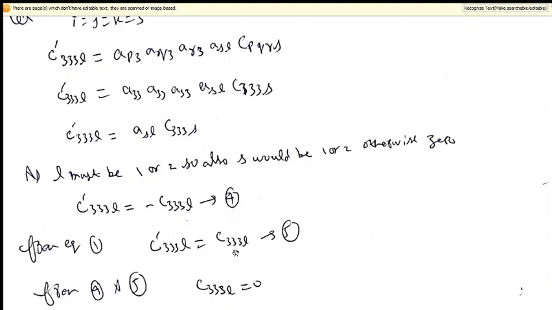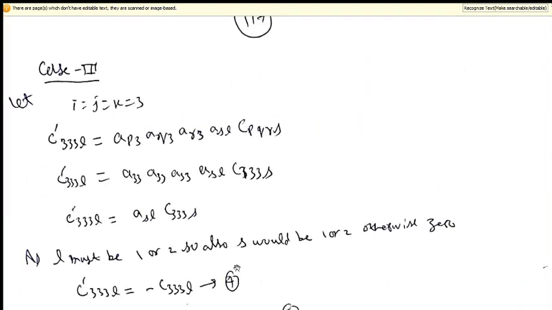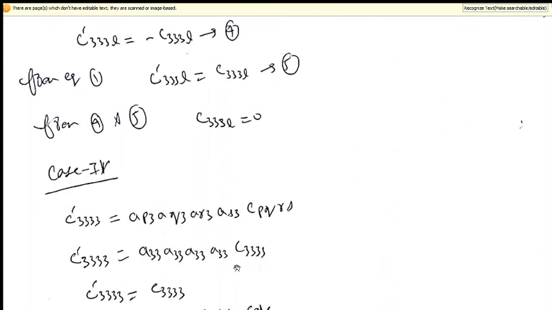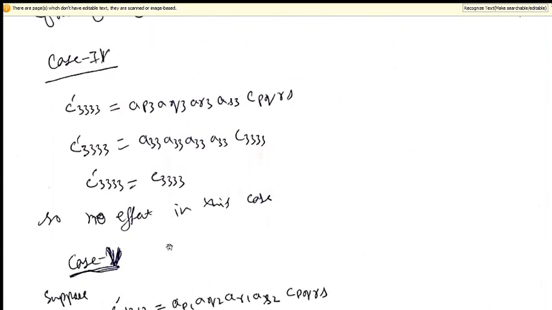Then from 4 and 5 we have this, and this result is telling us that if 3 appears 3 times in the indices of C, then that C will be 0. Fourth case, when all are 3, we have again no effect on C3333.